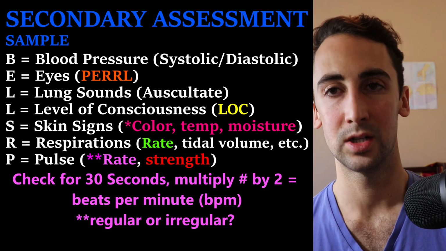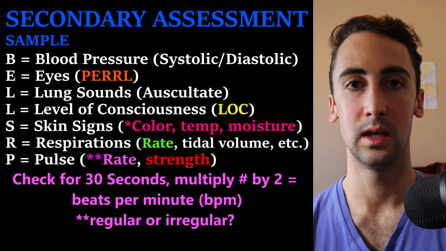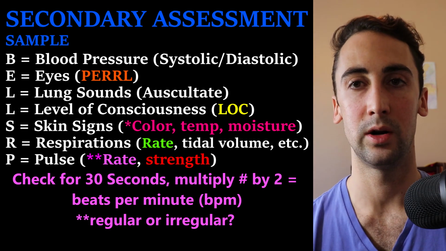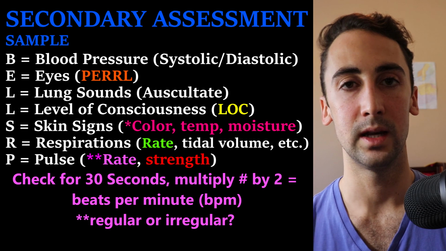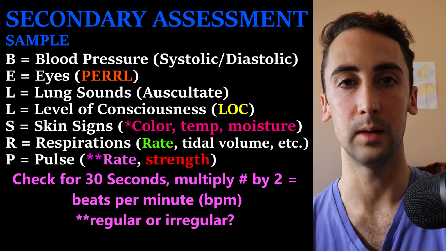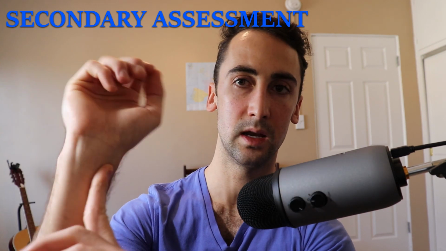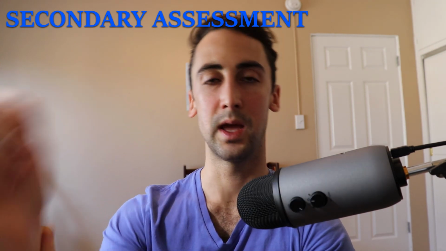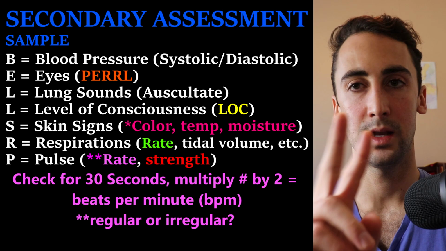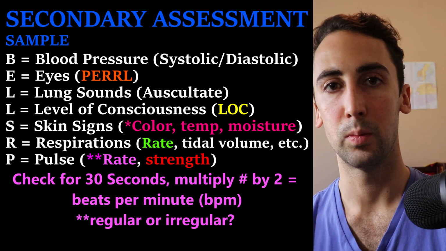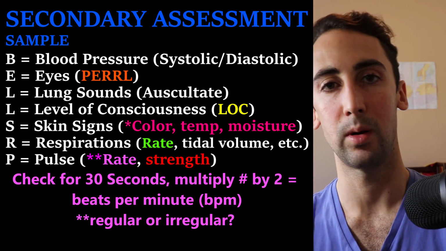I think it's just easier to do it for 30 seconds, and it's actually better for the patient's sake, just to make sure they're not feeling any irregularities in their pulse, to do it for the full 30. Again, check that radial pulse, typically thumb side. You'll feel it tucked in there a little bit. Get that for 30 seconds, multiply that number by 2, and that will be your pulse rate, or their beats per minute.